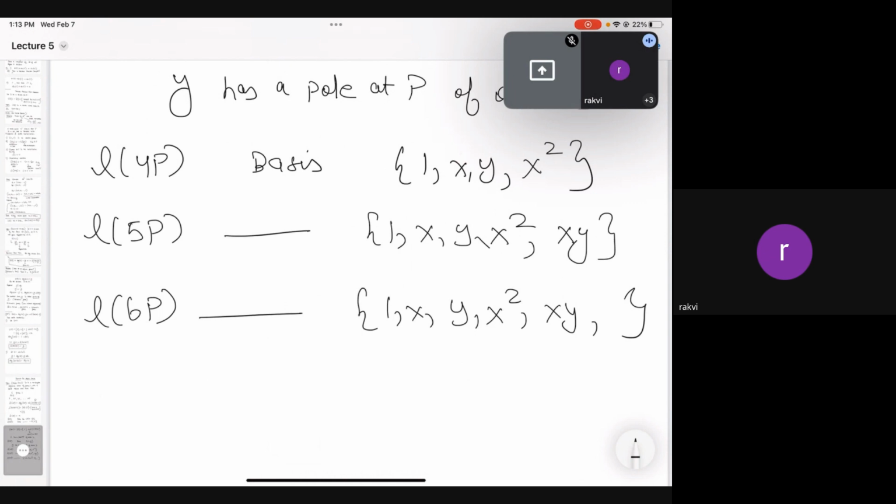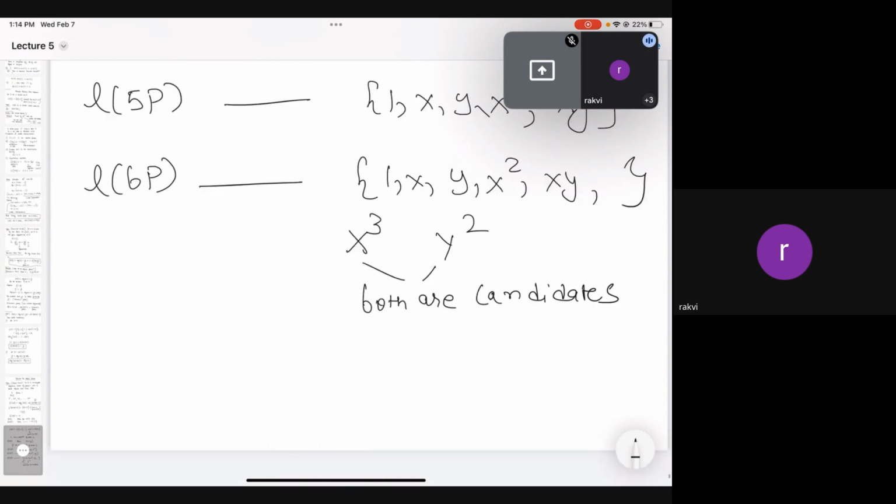X cube and Y square both have a pole of order 6. Both are candidates. But now I already have a set of 7 members. I don't need more than 6, right? So there must be a relation between them.